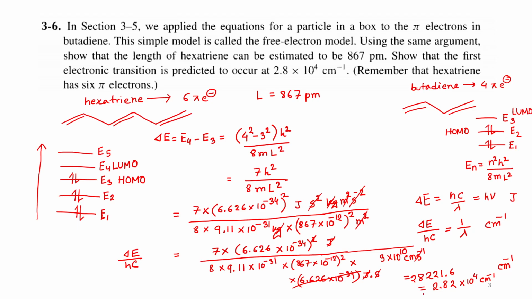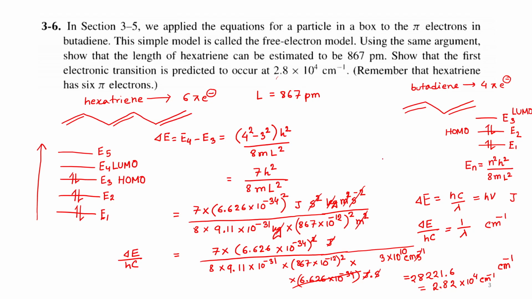So if we are predicting the system to be similar to the particle in a box, then the energy of transition of the first transition we are getting mathematically is 2.82 into 10 to the 4, which was predicted to occur at 2.8 into 10 to the 4. So this is almost same, right?